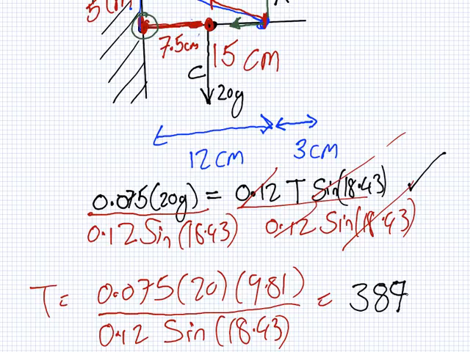When I divide 14.715 by 0.038, it gives me 387. And when I divide it by 0.03, now it's giving 490.5.